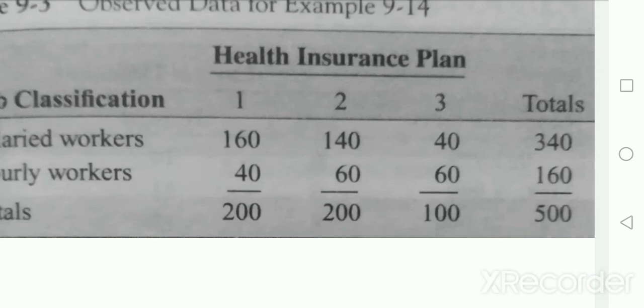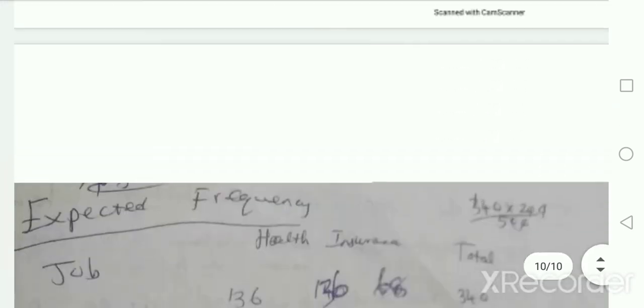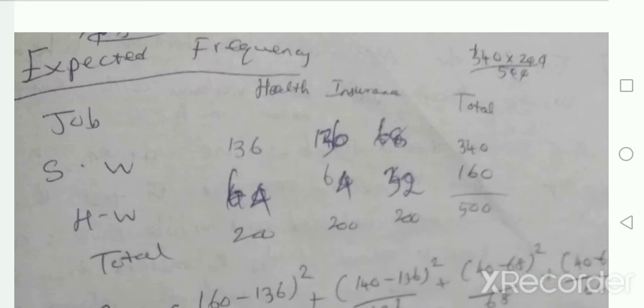Second row third value, instead of this 60 we have 160 into 100 divided by 500. After calculating we get the expected frequencies as 136, 136, 68, 64, 64, 32.